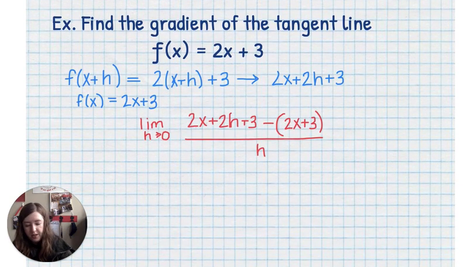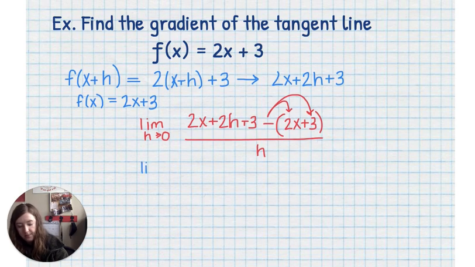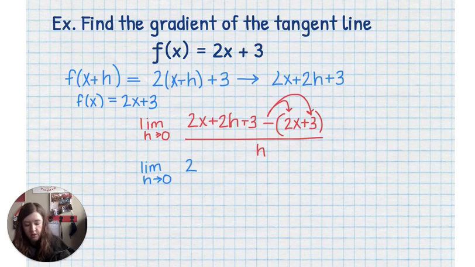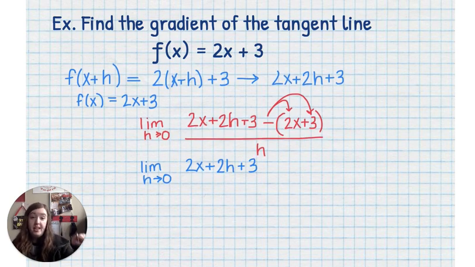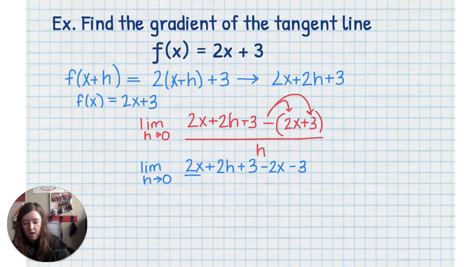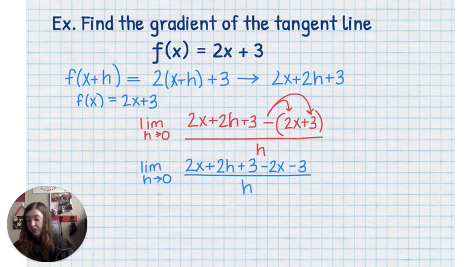So now we want to distribute that negative on through to everything in the second set of parentheses. So now we're looking at the limit as h approaches 0 of 2x plus 2h plus 3. Then we distribute that negative through, so I have minus 2x minus 3, all over h. So now what we'll do is we'll simplify.